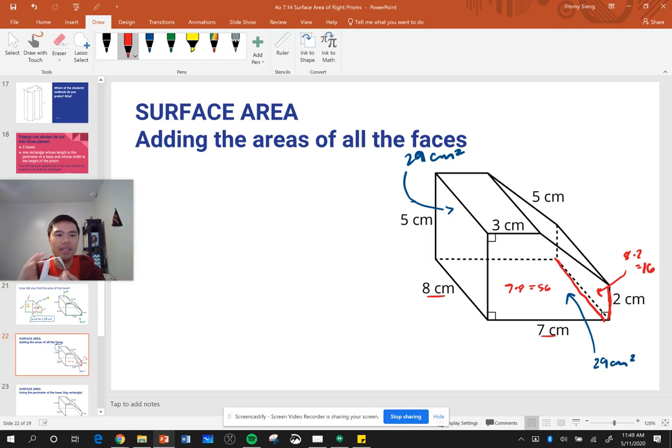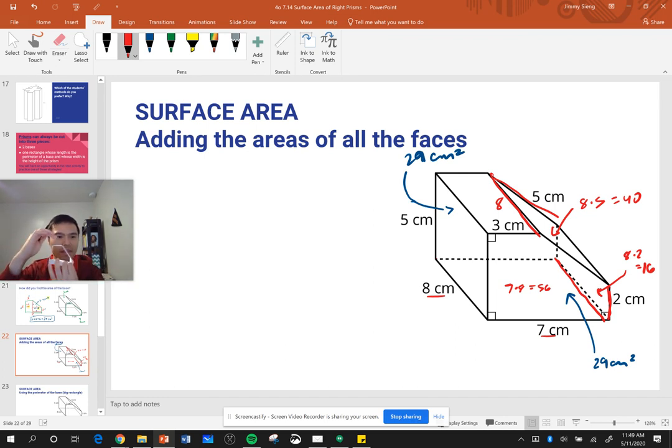We have the slope, this side that's going diagonally down. Well, that's going to be 5 by 8, because this right here is 8 and this is 5. So this is 8 times 5, which gives us 40. We're missing the top side.